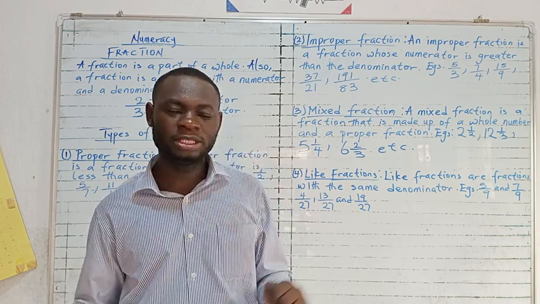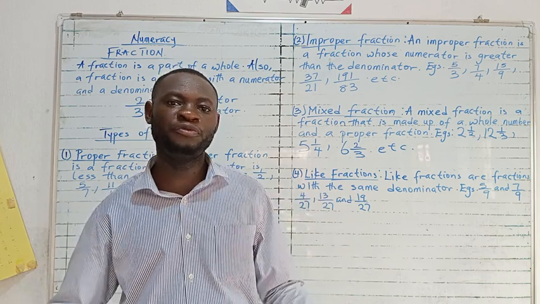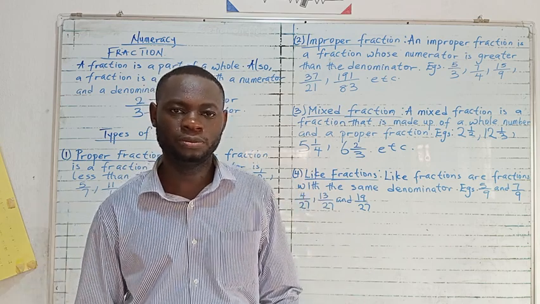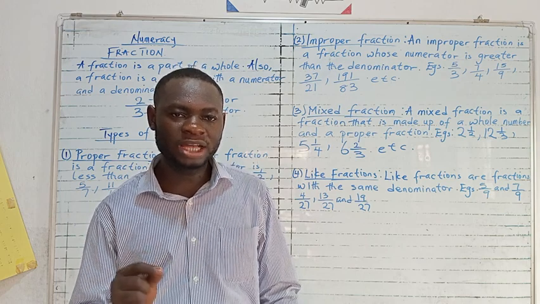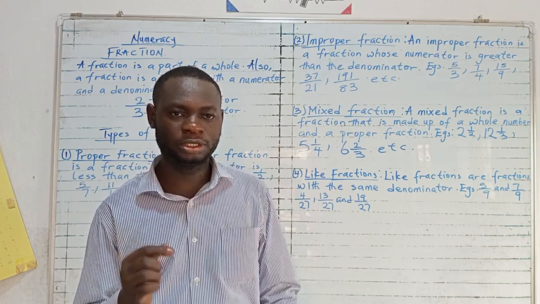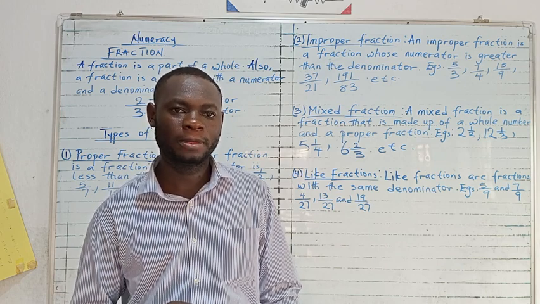I'll take it bit by bit so that it won't be too much dumping of information on you. So take your time, rewatch and pay attention to the explanations, write down your notes and take down your points.